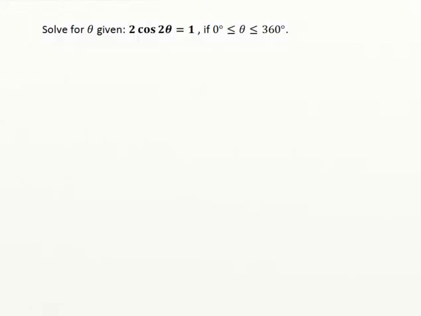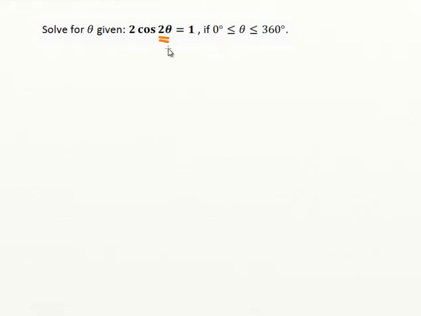In this example, we're asked to solve for theta given 2 cosine 2 theta equals 1, and we are given a restriction that theta must be between 0 and 360. All right, well, as soon as I see a double angle, instead of just theta, I've got 2 theta.